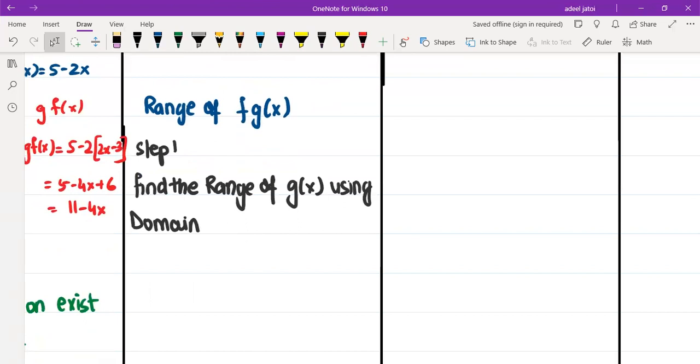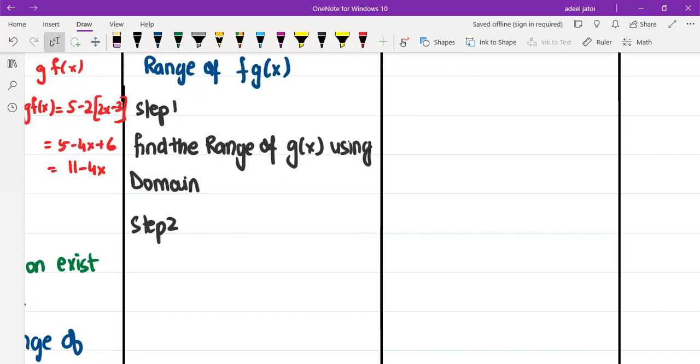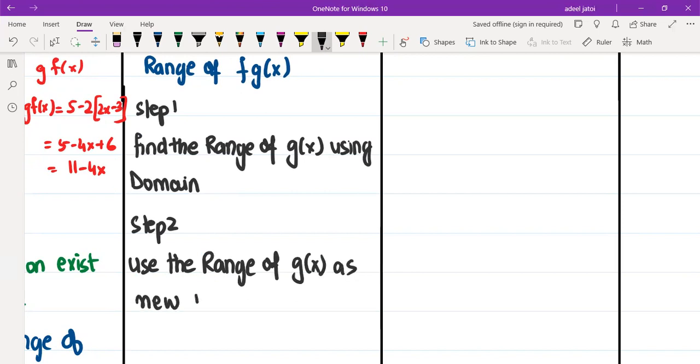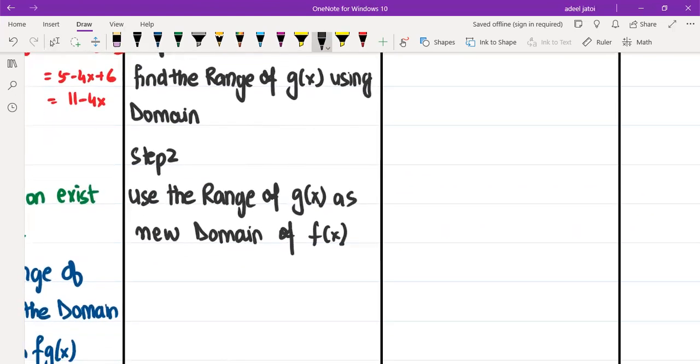Then, step 2, use the range of g(x) as the new domain of f(x).